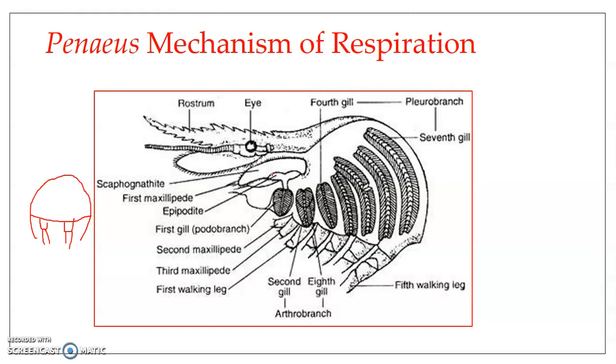These setose hairs at the entrance of the gill chamber filter out unwanted foreign particles from getting entry into the branchial chamber. So only the water containing a fresh amount of oxygen will enter the branchial chamber and bring about respiration. It moves out through the posterior opening.